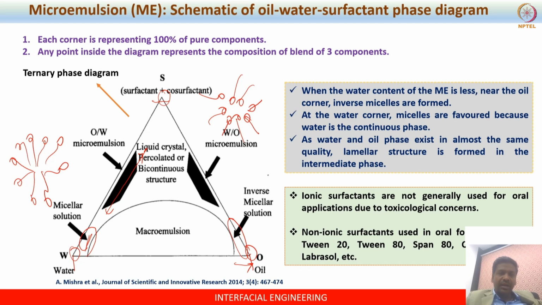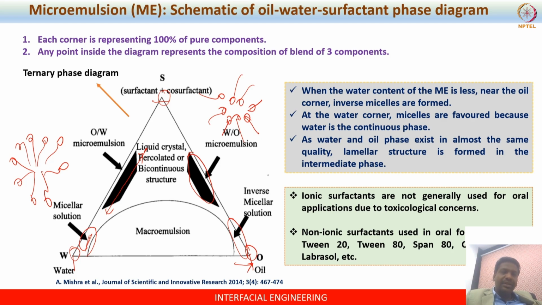Whereas on the other hand, a water-in-oil emulsion is most likely if you are in this region, right? It's because here oil is a continuous medium. So in this case, the system will be forced to form a water-in-oil emulsion.